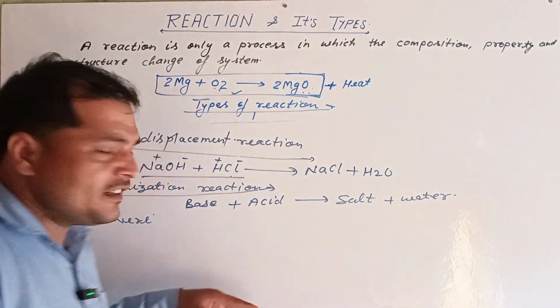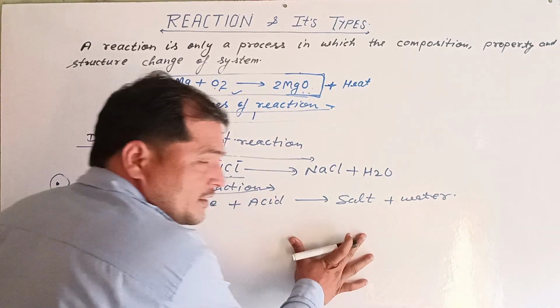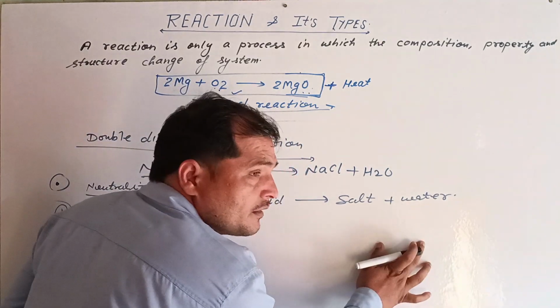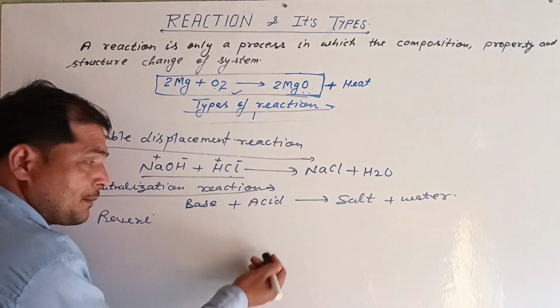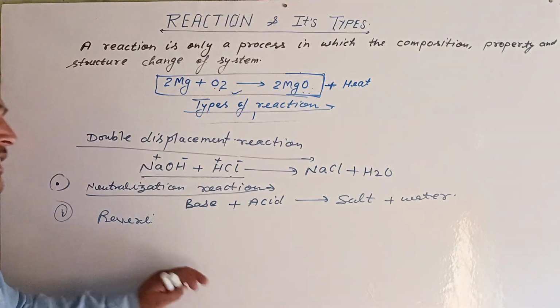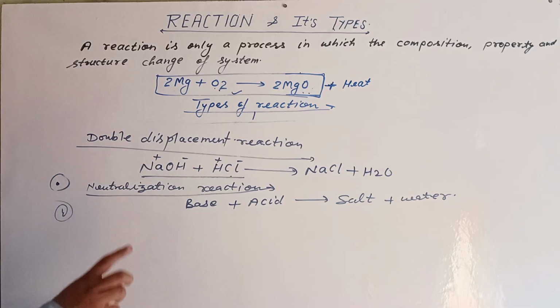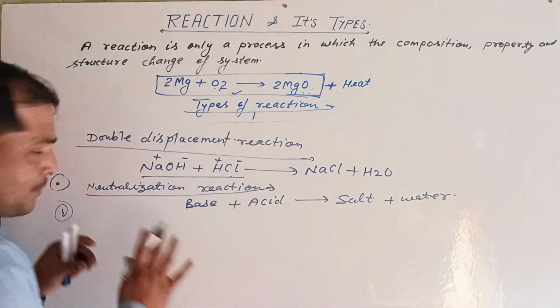Such a type of reaction is known as a non-reversible reaction. And if there is the possibility of the products combining again to form the reactants, this type of reaction is known as a reversible reaction. So reversible and non-reversible reactions have already been told to you in the decomposition and dissociation part.